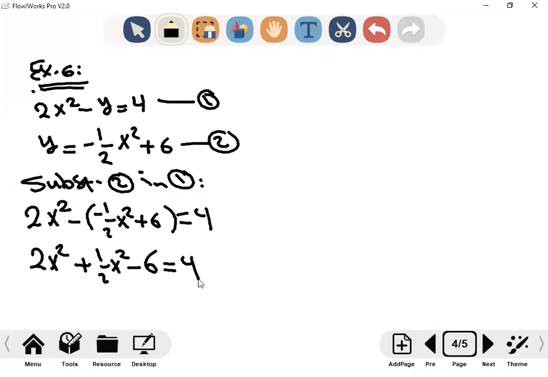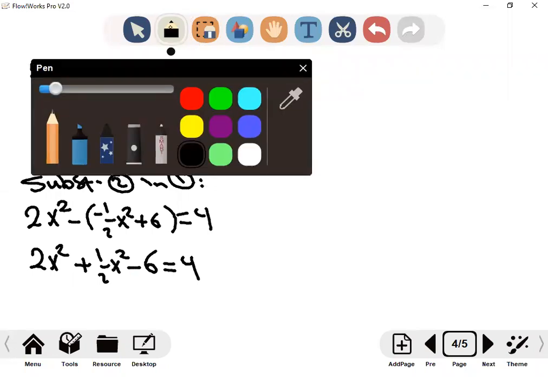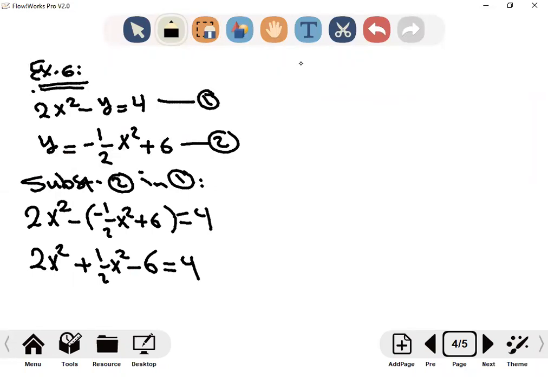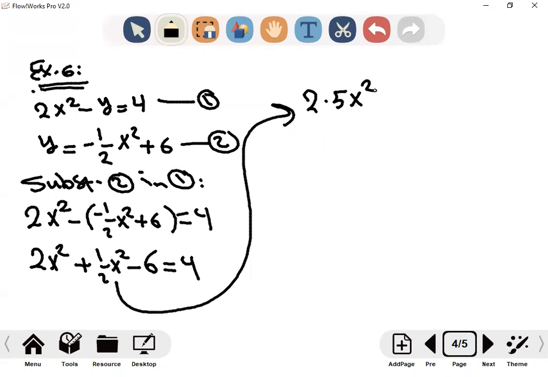Do we have x? We don't have x. If you don't have x and you have x power 2 and a number, no factoring, no quadratic formula. Completing the square, it's easy. So here, 2x power 2 plus half x power 2 is 2.5 x power 2, right?